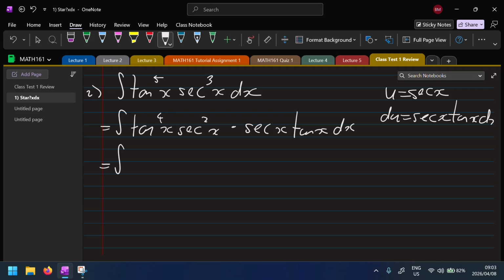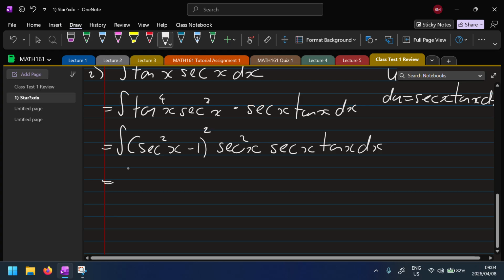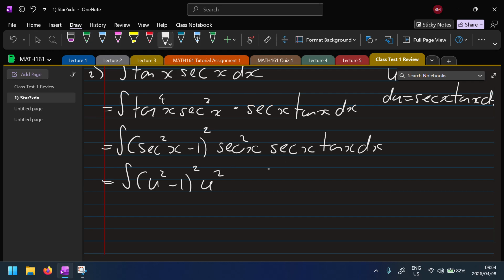We treat it as tan squared again. So this will be sec squared x minus 1. That will give us tan squared, and then we just square it to get tan to the 4. Okay. And then the u substitution now. So this will be equal to the integral u squared minus 1 squared, another u squared, and then du.